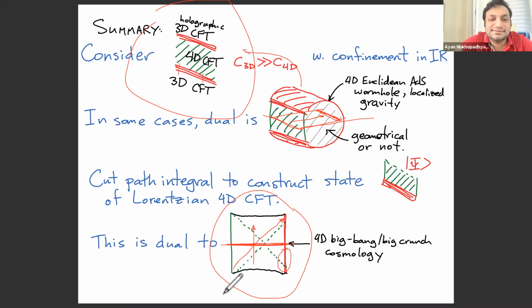I see. So this is a totally new feature that one couldn't have guessed from the analytically continued version of it. Yeah, that's right. I don't know if there's some interesting consequence to that.